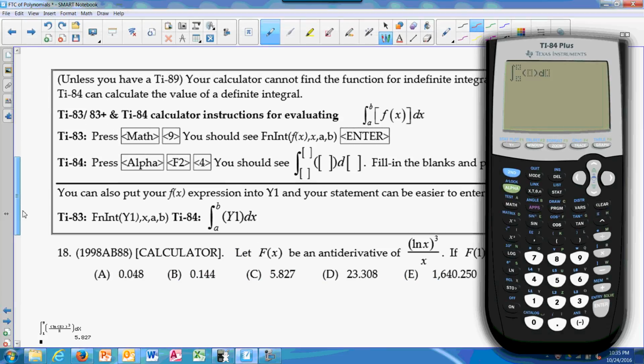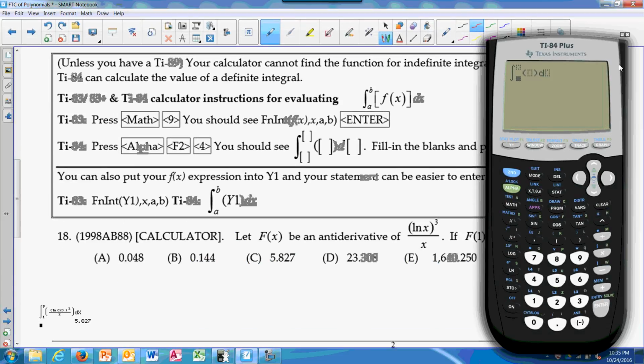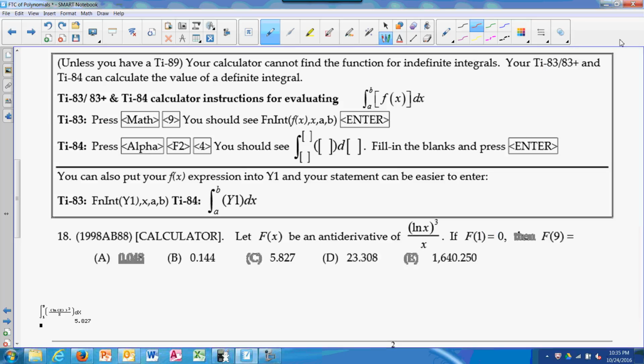So for this question, it says let big F be an antiderivative of this. So that's basically saying big F is the antiderivative of natural log of x cubed over x with respect to x.